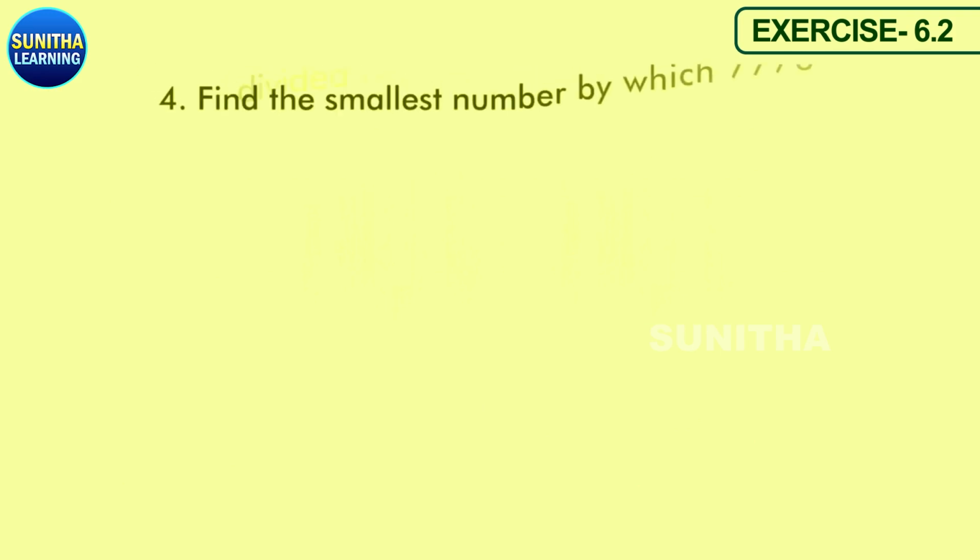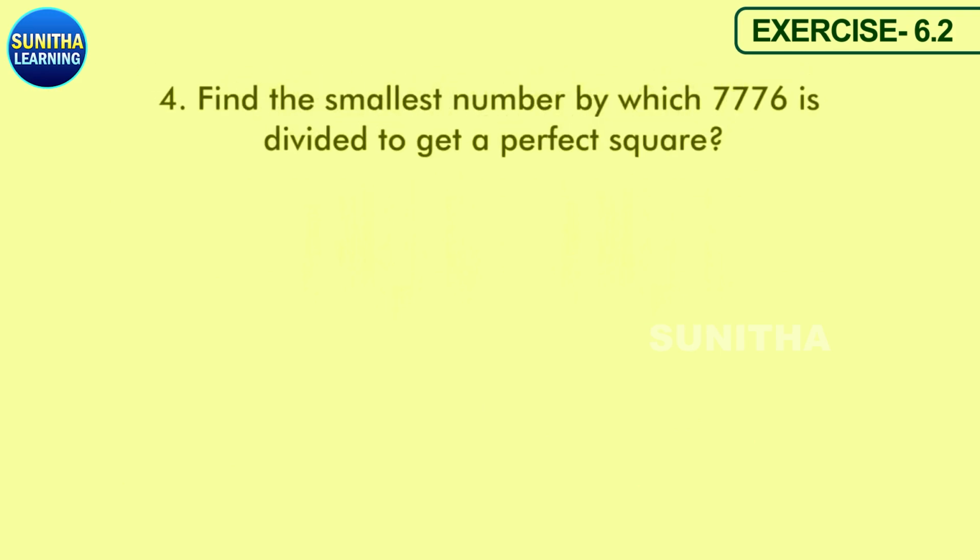Now let us see the fourth one. Find the smallest number by which 7,776 is to be divided to get a perfect square. Before this, in two problems we multiplied. Now here we have to divide.